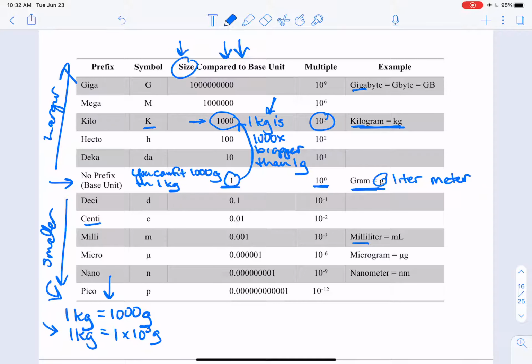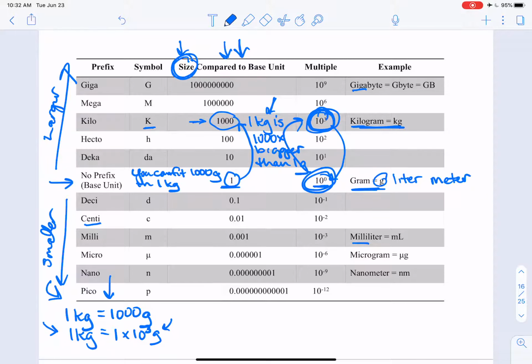It seems strange that the 10 to the third goes on the gram size. But again, this 10 to the third up here is telling us that the kilogram is 1,000 times bigger than this guy right here. So you're going to be able to fit 1,000 of these in that one.